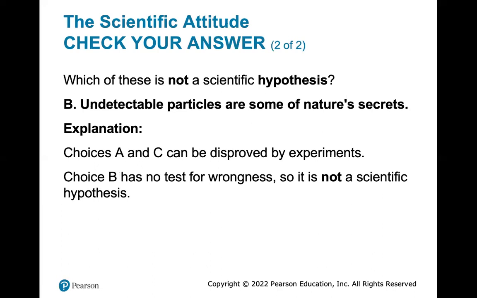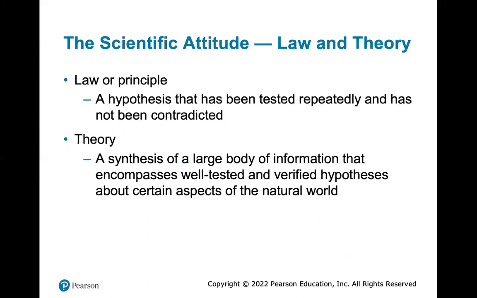So B is not a hypothesis. Undetectable particles are some of nature's secrets. Well, if it's hidden, if it's undetectable, then you can't test it. You can't disprove it. So choices A and C can be disproved by experiments. Choice B has no test for wrongness, so it is not a scientific hypothesis.